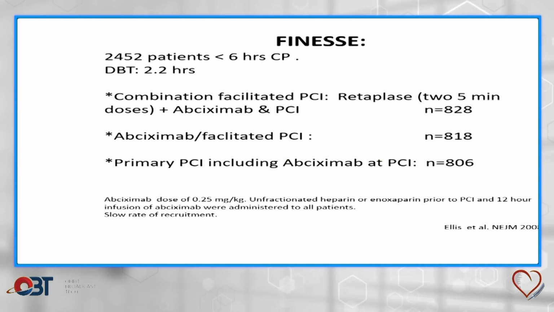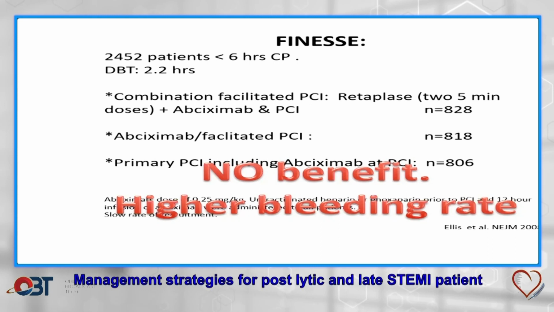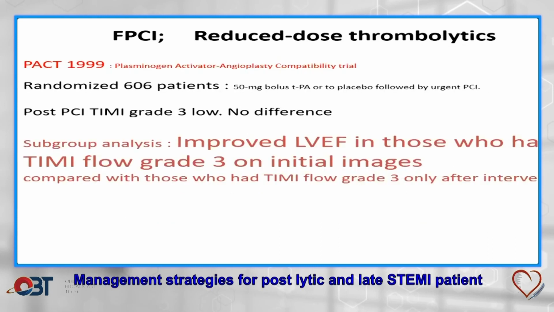FINESSE is another trial in which reteplase was given. These are the different three cohorts there. There was actually no benefit whatsoever MACE-wise other than improvement of TIMI flow, and there was a higher bleeding rate.